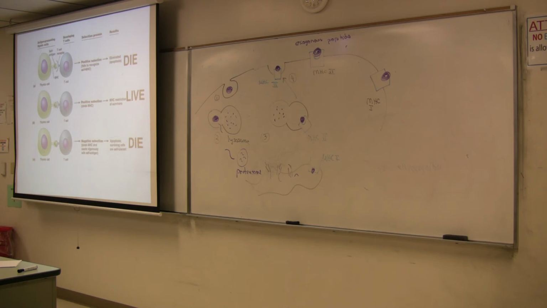Though some research has shown in mice that there might be a few T cells left, it hasn't been very useful in humans, if there are any left, for that to occur. But the thymus is where this maturation and elimination of T cells that would attack your body or not be functional occurs. Okay?